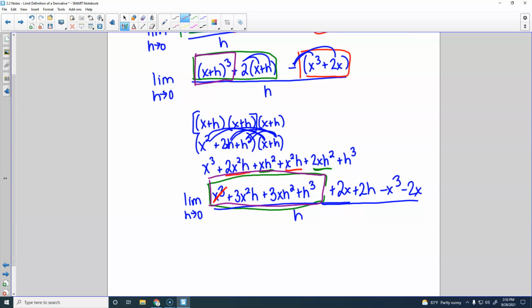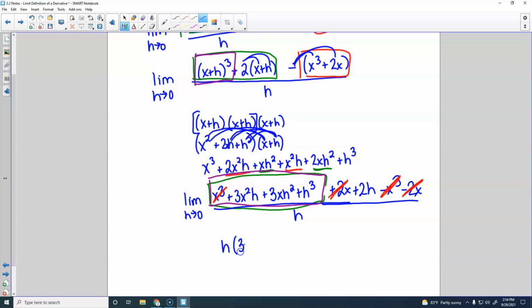Yeah, if you want to put it on the end, that's fine. So we've got that. Then this 2x and the negative 2x should cancel. And everything without an h should cancel. If it doesn't, you've done something wrong. So everything left in this numerator has an h. I'm going to go ahead and factor out an h.